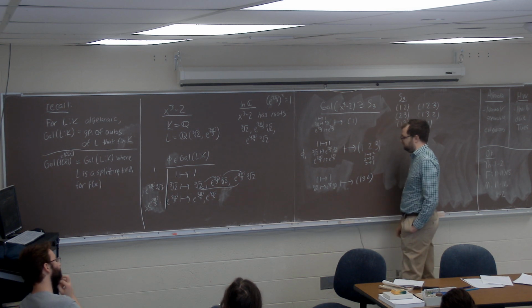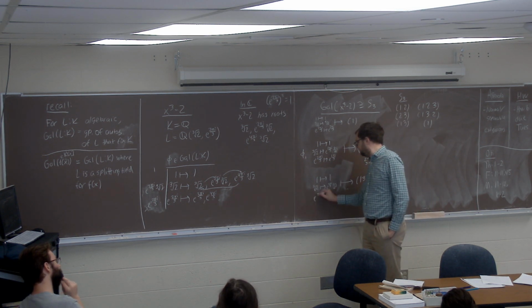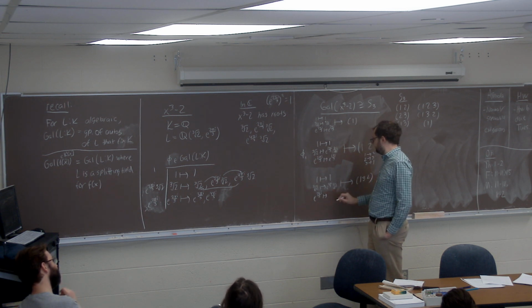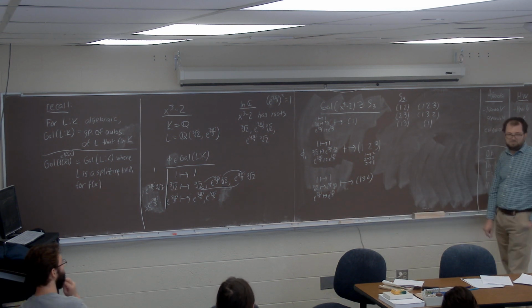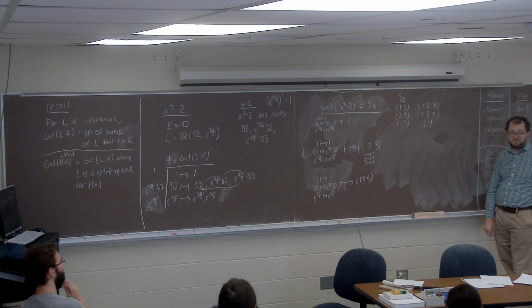And e to the 2 pi i over 3 times cube root of 2 maps to e to the 2 pi i over 3. It's like a tongue twister. There's got to be notation for this.